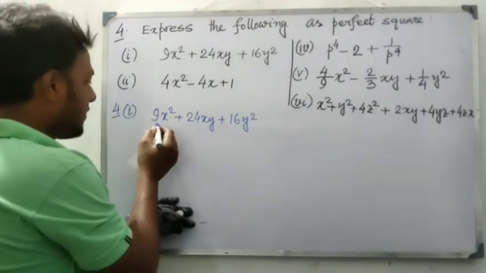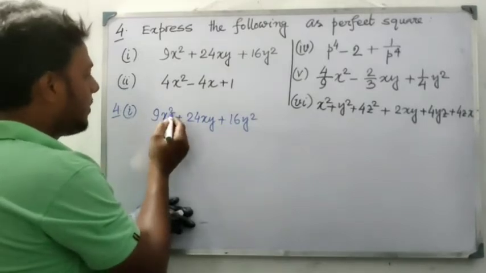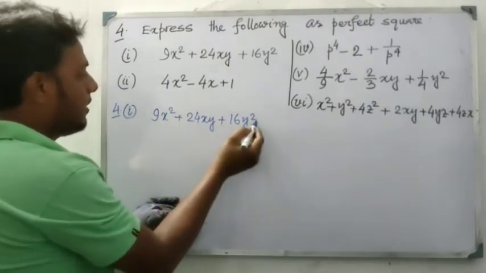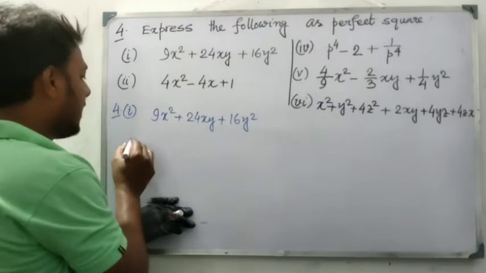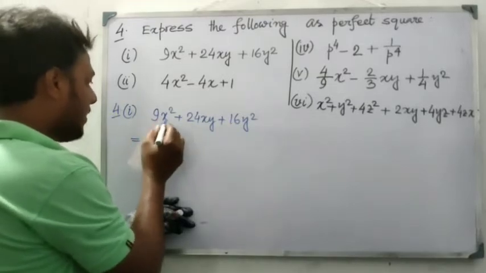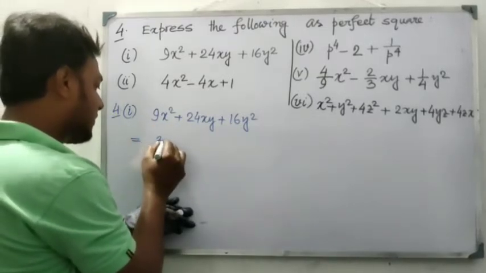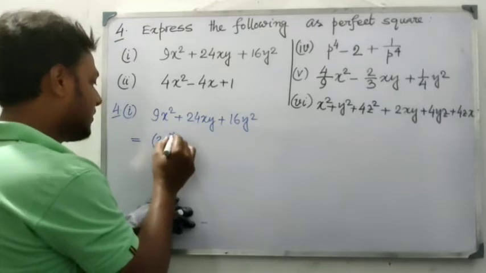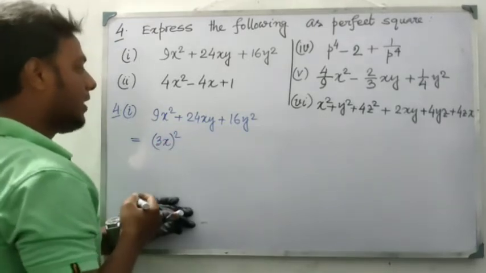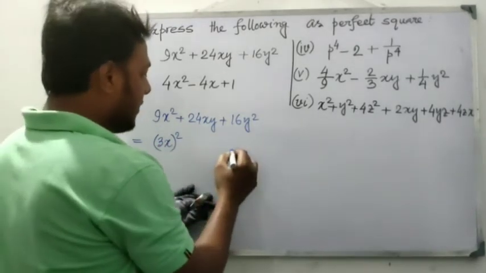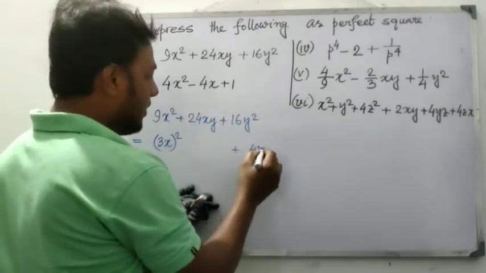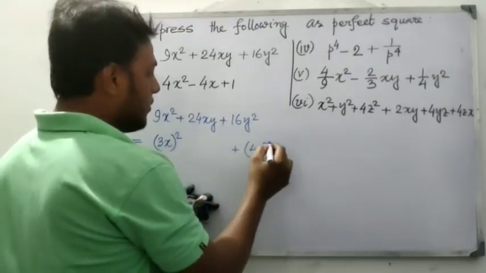Okay, so first consider the square related terms. The square related terms are this one and this one. Then we can identify a and b. So 9x square can be written as (3x) whole square, and in place of 16y square it can be written as (4y) whole square.